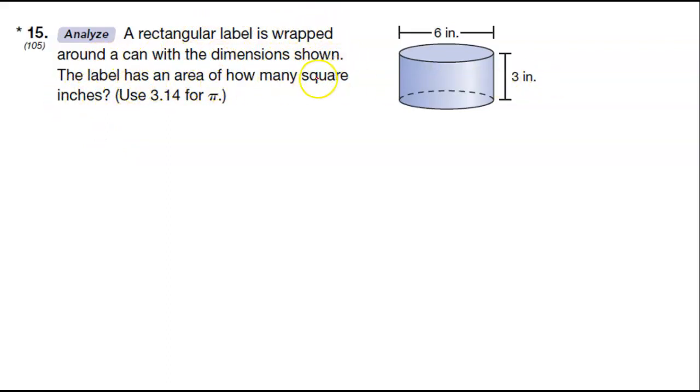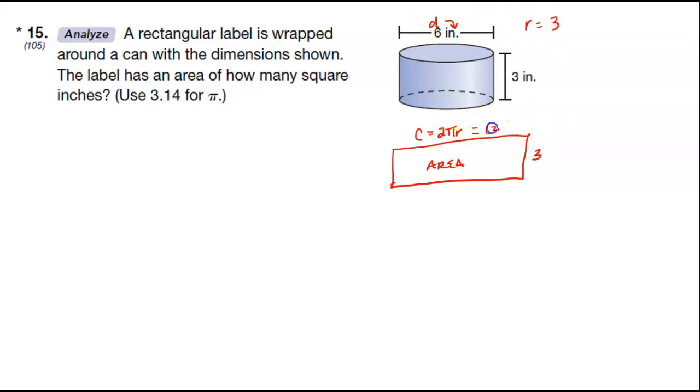Okay, a rectangular label is wrapped around a can with dimensions shown. The label has an area of how many square inches? So I'm really just trying to find the area of this, where the length is the circumference and the height is 3. If my diameter is 6, then my radius is 3.